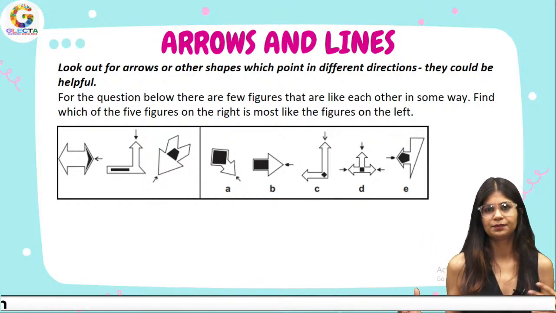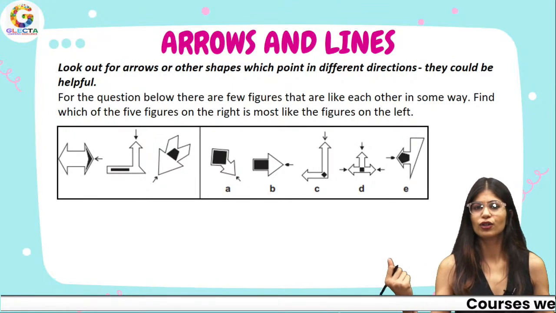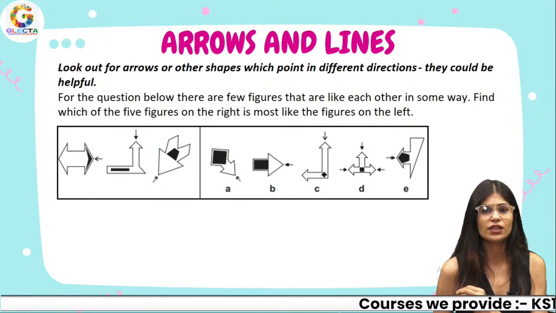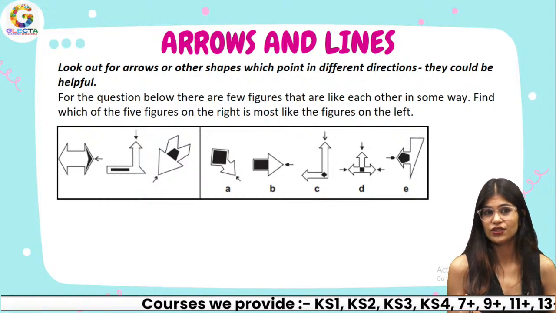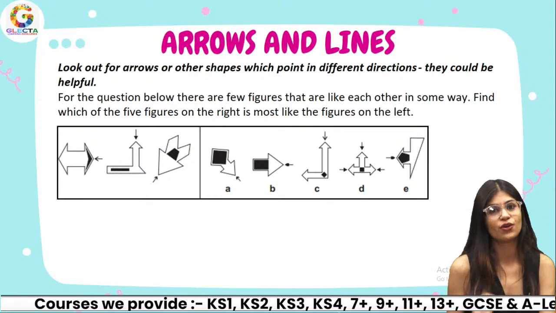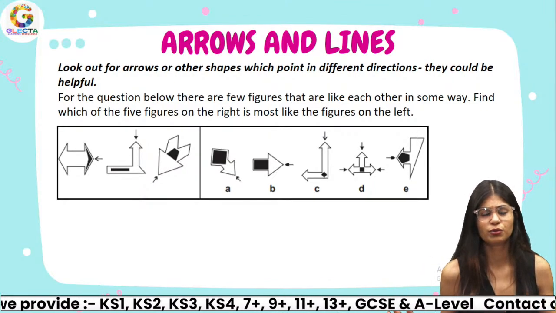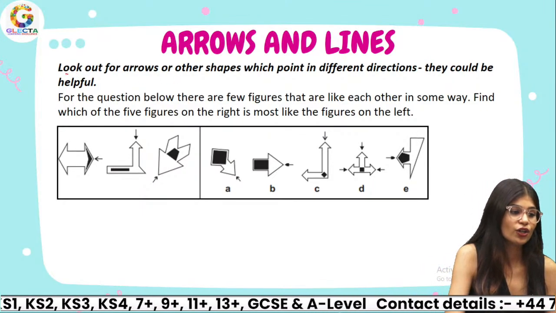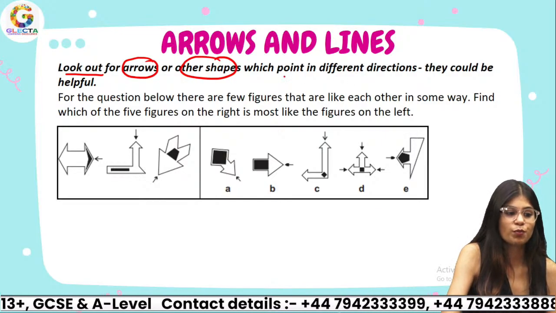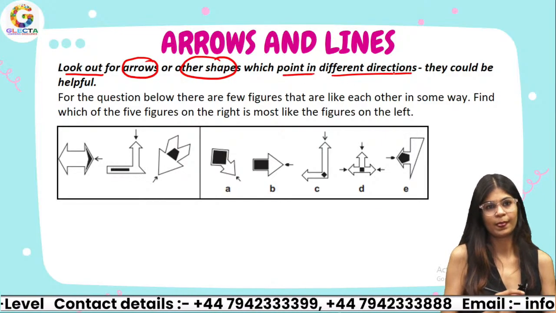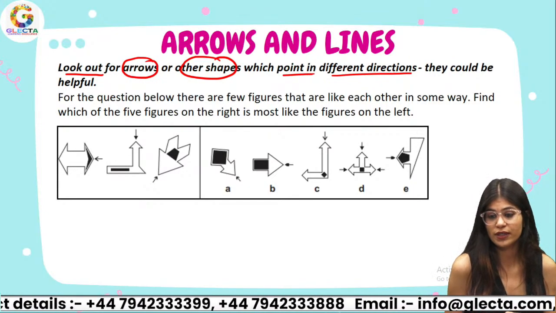And I get it, because lines can be of a lot of types and they can be confusing. I totally agree, and I know that. But what I want you guys to do is focus on the rules. Don't go out of rules. So it says, look out for arrows or other shapes which point in different directions. Now that is true to solve this question.